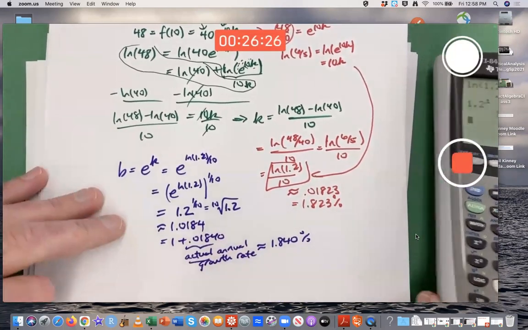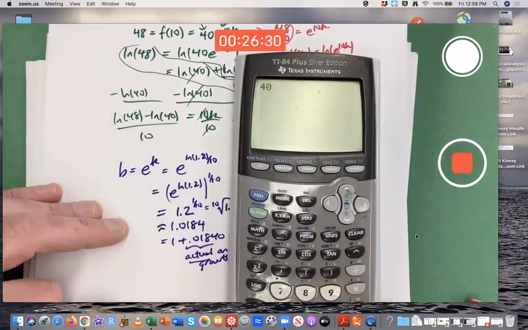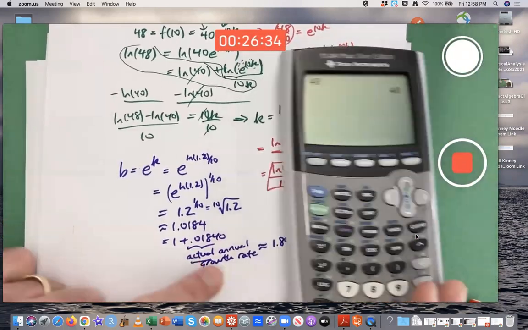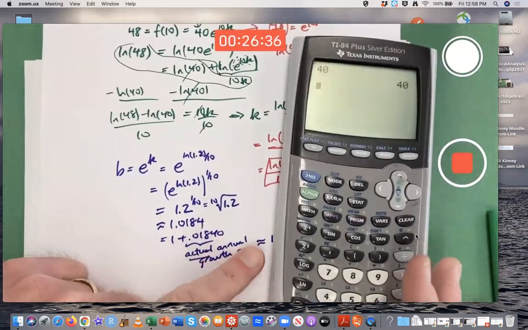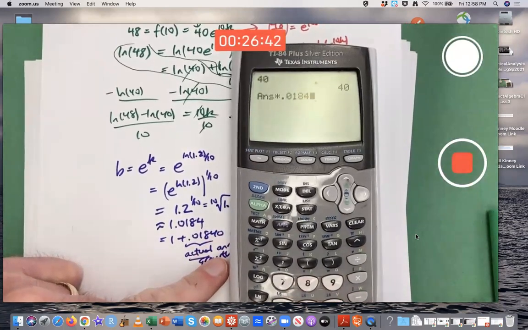Let's illustrate this by thinking about it a little bit more. So it starts out in the year 2000 with 40 million people. What does it mean to grow by about 1.84%? Well, what's 1.84% of that? 0.0184 is what to multiply it by. That's 0.736.